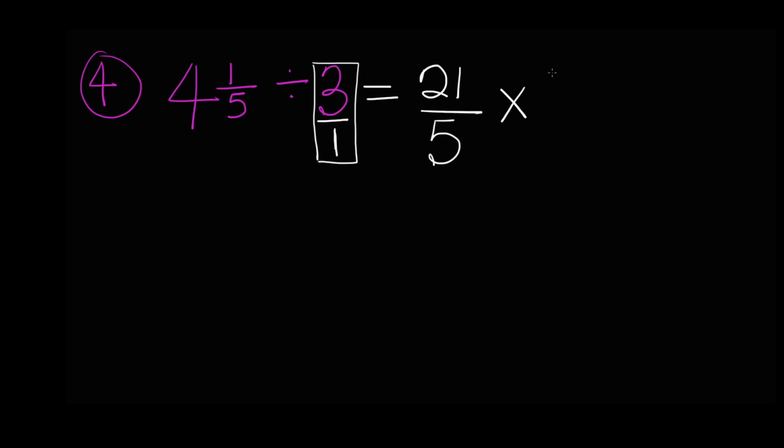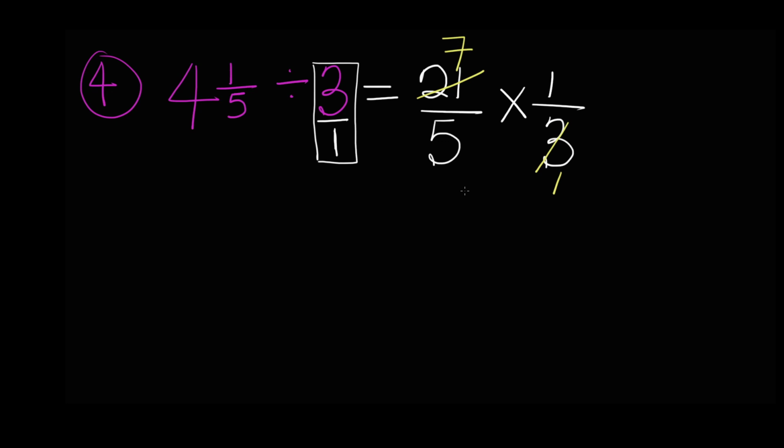So, it's going to become 1 over 3. Okay? Now, let us go ahead to multiply out. 3 is a common factor between 3 and 21. So I will say 3 here is 1 and 3 in 21 is 7.